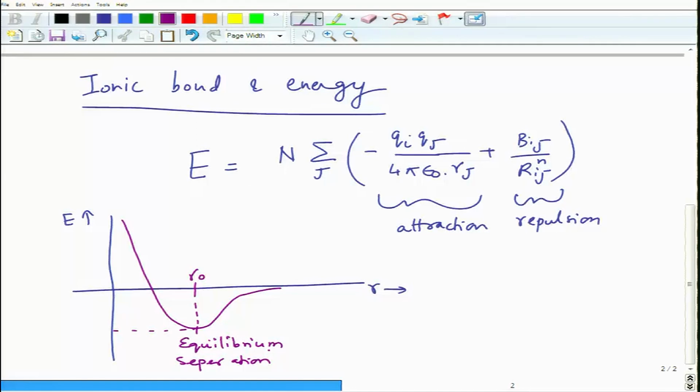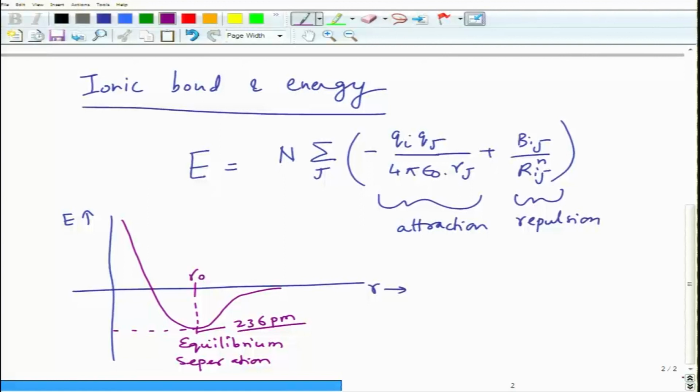And this is for instance for ionic solids like NaCl. NaCl has a distance of 236 picometer between the ions, and that basically implies that your solid is stable as an ensemble of molecules, structurally stable, rather than isolated molecules being stable. So isolated molecules obviously, in comparison to this curve, are going to have higher energy. As a result, they are not stable.